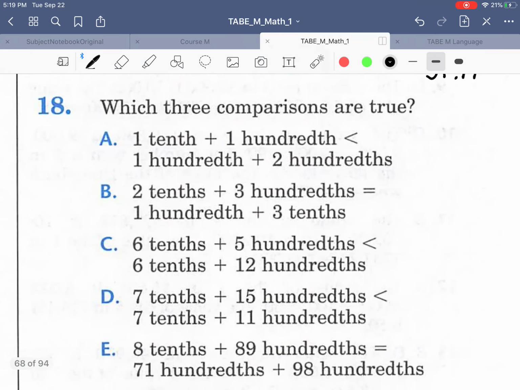Which three comparisons are true? So in this one, we're looking for three true statements. A says 1/10 plus 1/100th, so that is 0.11, is less than 1/100th and 2/100ths.